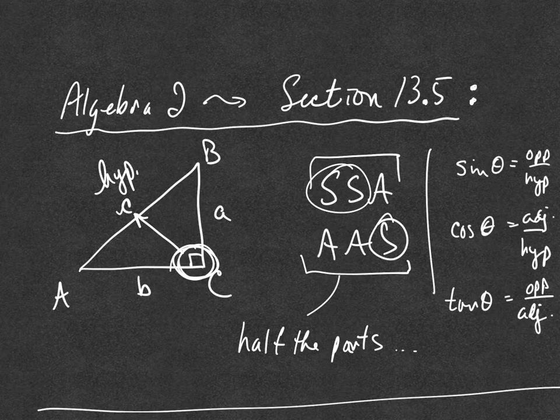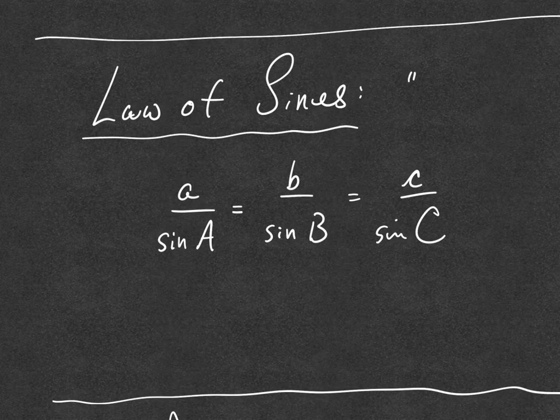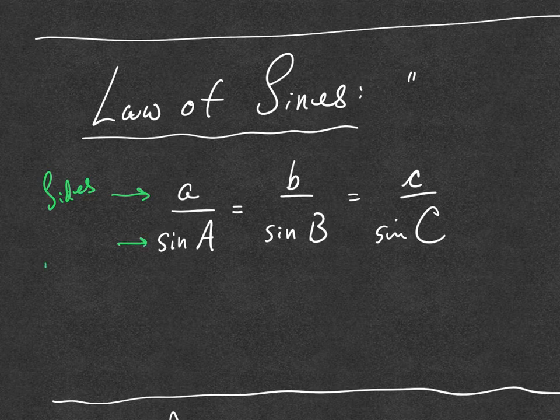The first one that we're going to look at in this section is called the law of sines. What we do is we create three equal fractions where we put the sides of the triangle across the numerators, and then we put the sines of the angles across the denominators.